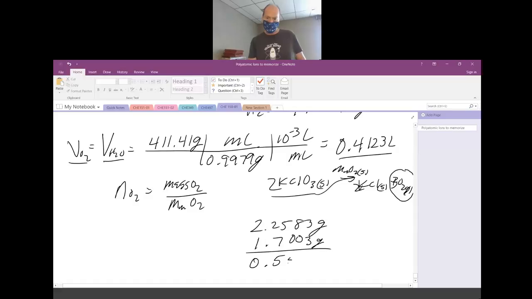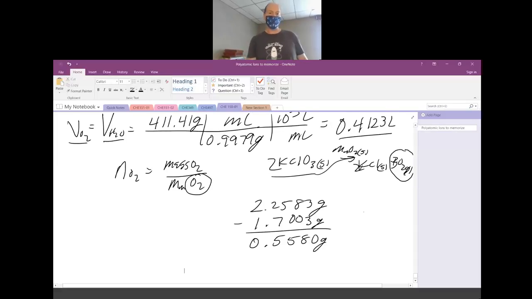All right, and so our mass of oxygen is simply to subtract those: 0.5580. Your calculator is only going to say 0.558, but you have 4 decimals minus 4 decimals, so you have to give 4 decimals. All right, and now this is the molar mass of oxygen gas. Oxygen gas is O2. That is a 32 for the molar mass.